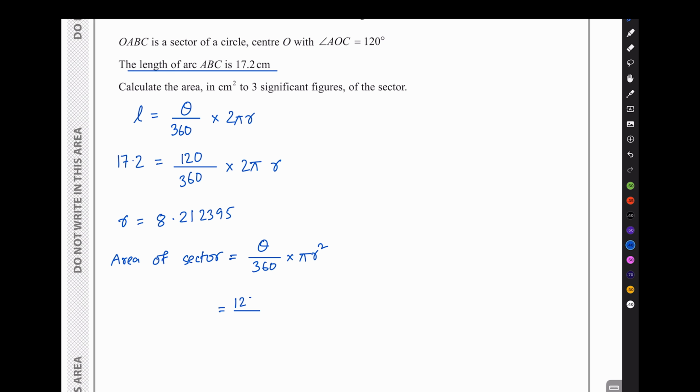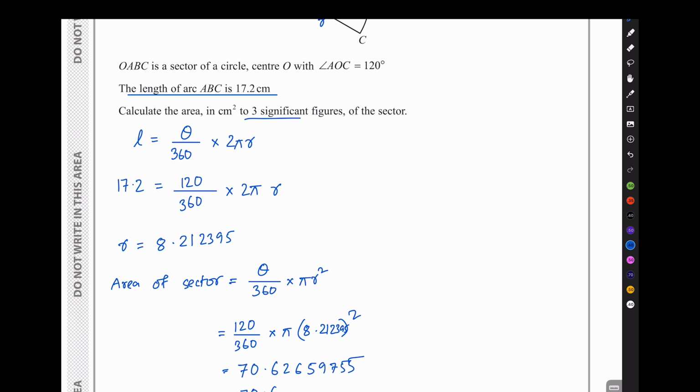So 120 divided by 360 times pi times r squared, where r is the number we just calculated. This comes out to be 70.62659755, but they told me to give it in three significant figures, so I'll keep it as 70.6. I hope I'm not making a mistake.